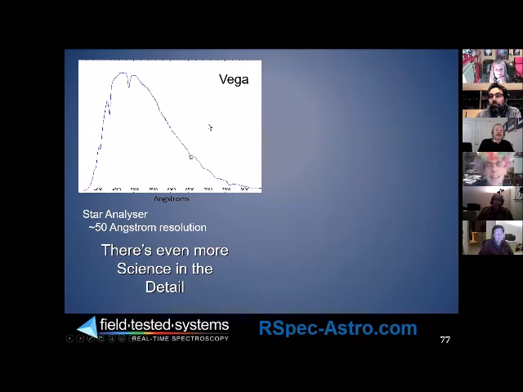But that would be like adding empty magnification when we're looking at the moon, right? At a certain point, there's just no more information there. You can zoom in, but it's just going to get blurrier. Same thing with spectra. In order to zoom in on these features with a slitless grating like the Star Analyzer, our resolution is about 50 angstroms. Let's look at what this looks like with a slit device.